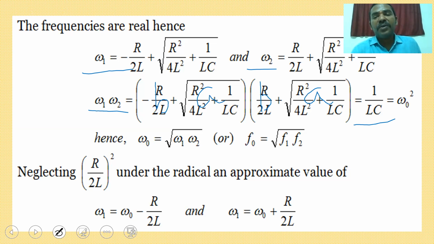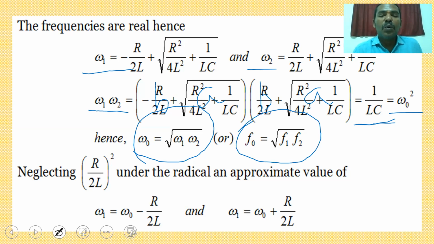If you substitute, the sum of the parts gets cancelled, and you get 1 by LC, which is the same as the resonating frequency square, omega naught square. Therefore omega naught is equal to root of omega 1 into omega 2. In terms of frequency, F naught is equal to root of F1 F2.